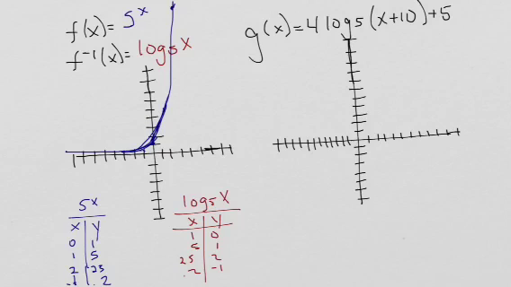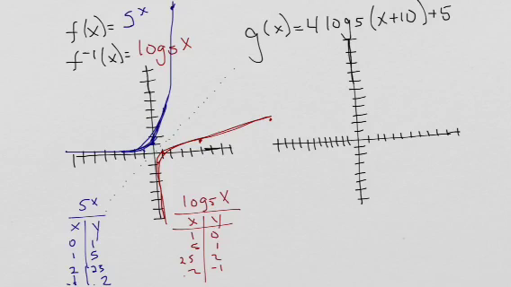Just plot those points. (1, 0), (5, 1), (25, 2) is going to be way out there, and (0.2, -1) somewhere around here. And my inverse graph is going to look something like this. And I can check that and see if I have my line y equals x. Is that a reflection? And yes, it is.